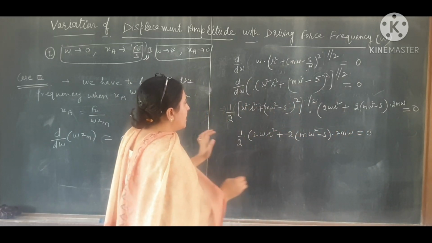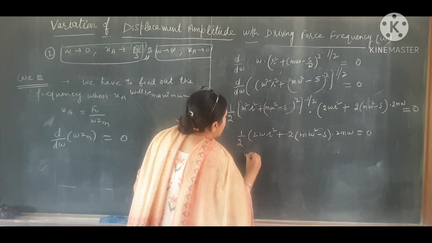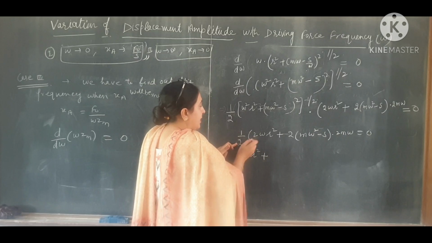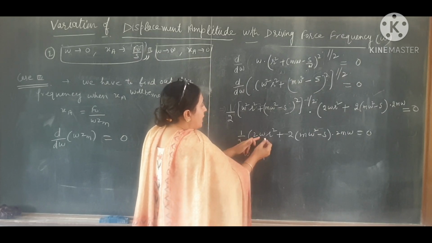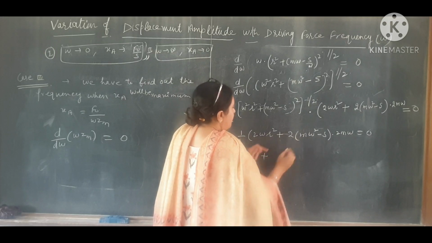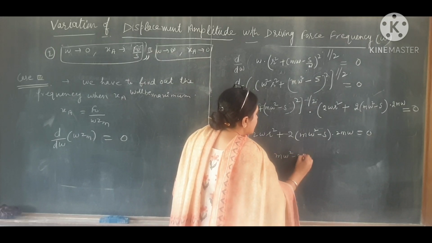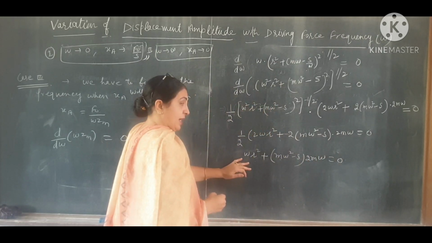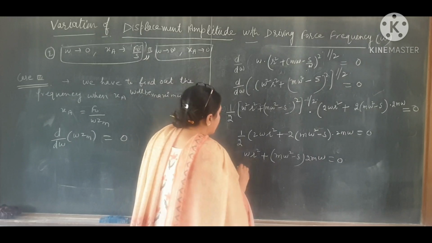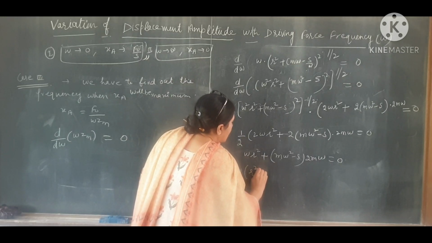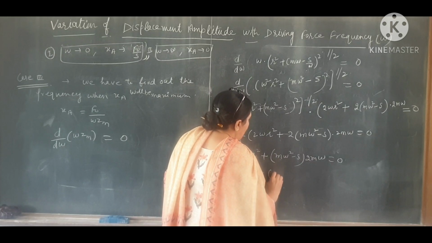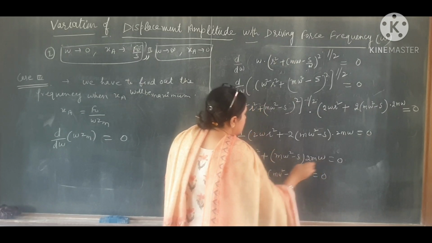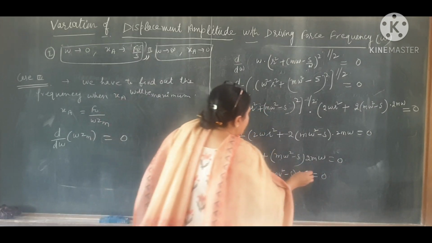Taking 2 common, the 2 cancels, and we get omega r square plus (m omega square minus s) into 2 m omega equal to 0. Again take omega common: omega into (r square plus (m omega square minus s) into 2m) equal to 0.